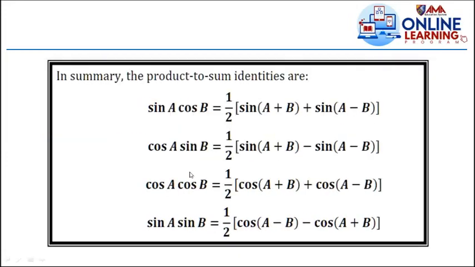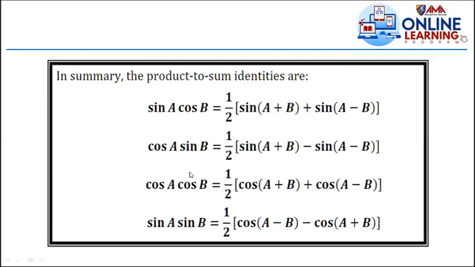Next, in summary, the product to sum identities are: sine A cosine B is equal to 1 half sine A plus B plus sine A minus B. Also, cosine A sine B is equal to 1 half sine A plus B minus sine A minus B, when we subtract.